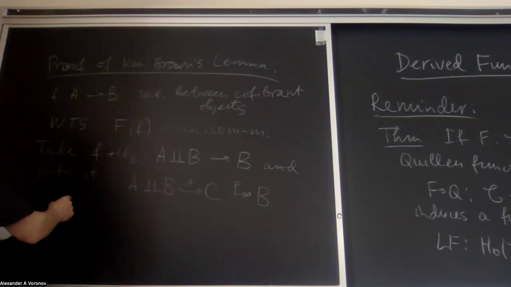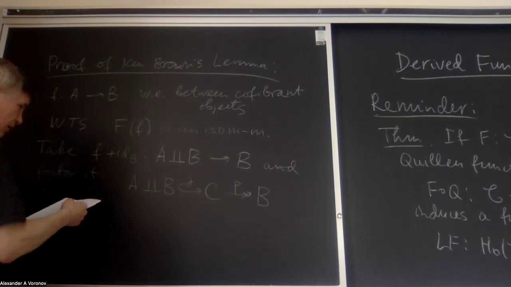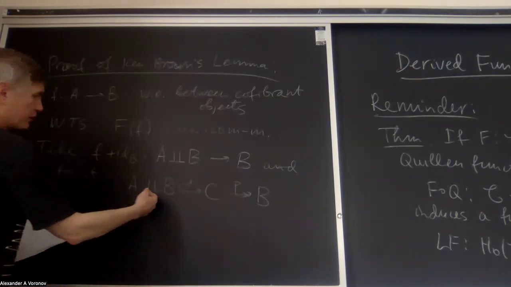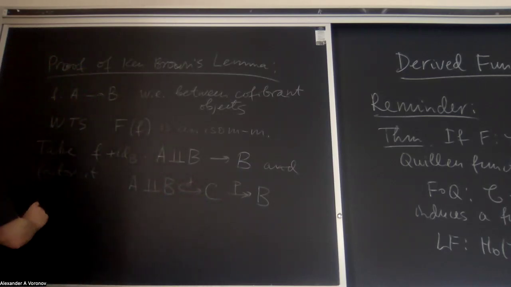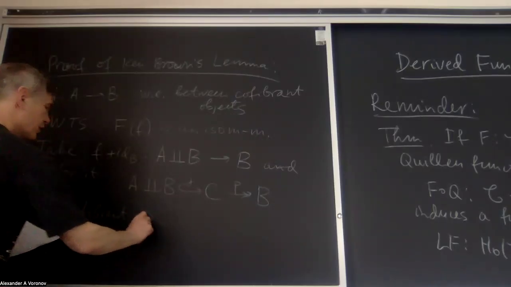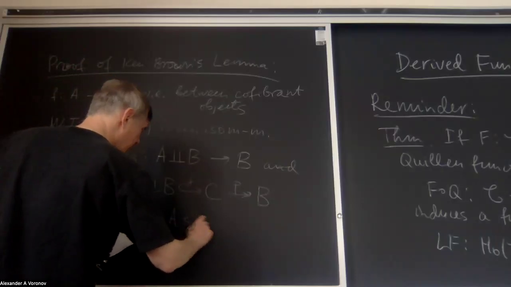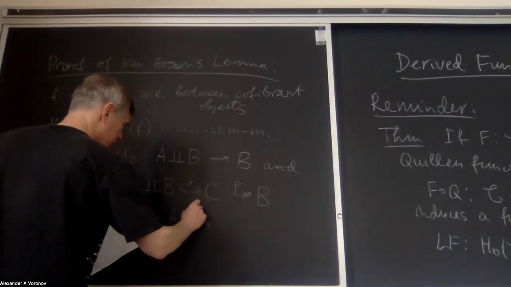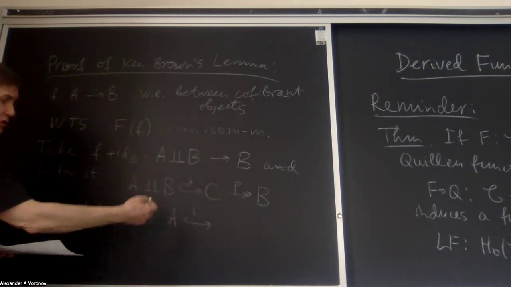Then let's discuss the properties of this. So we know that A and B are cofibrant. Therefore the inclusions, well, I mean, the maps, I sketch them as inclusions, but these are cofibrations.